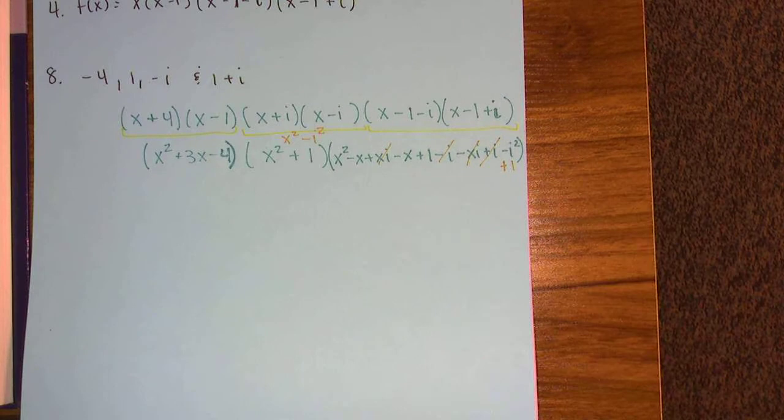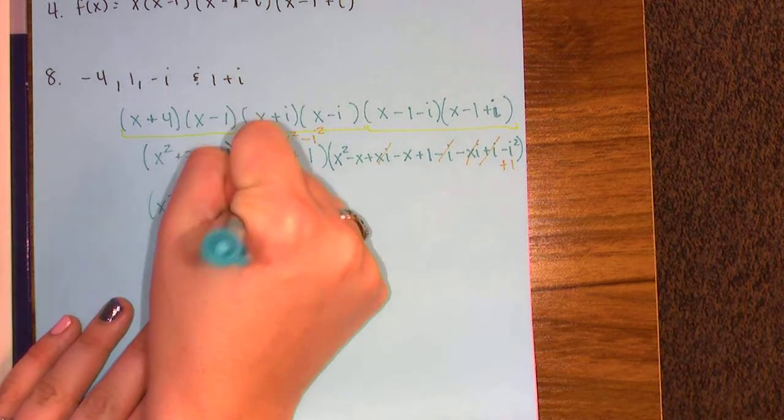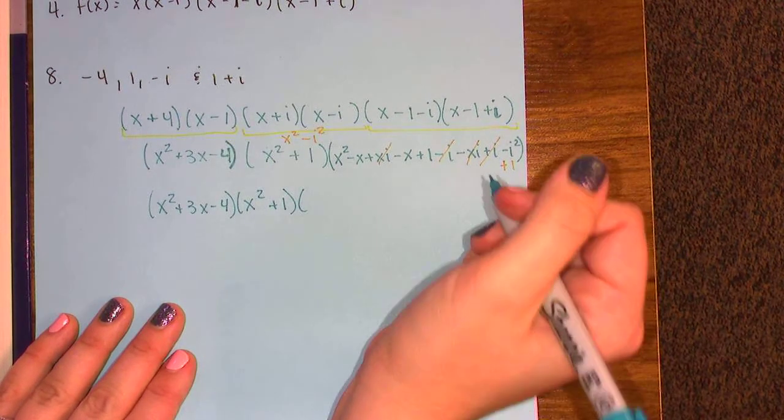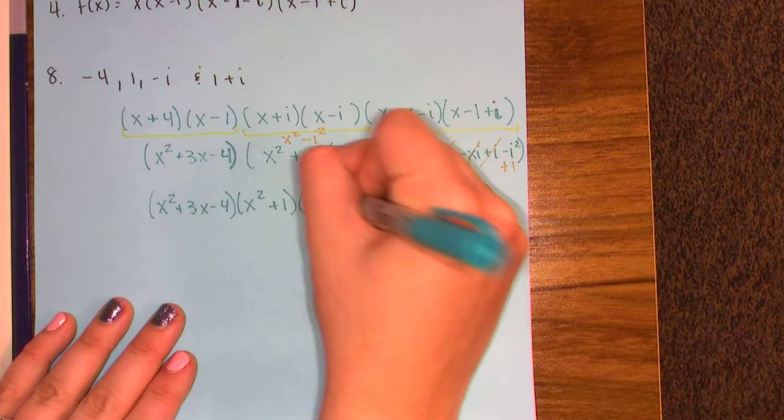So now I would rewrite everything all nice and neat, just to make your life a little easier. So x squared plus 3x minus 4, x squared plus 1, and then x squared minus 2x plus 2.